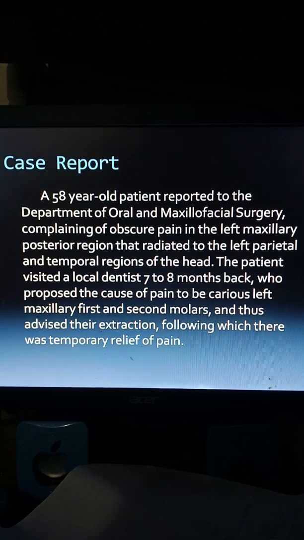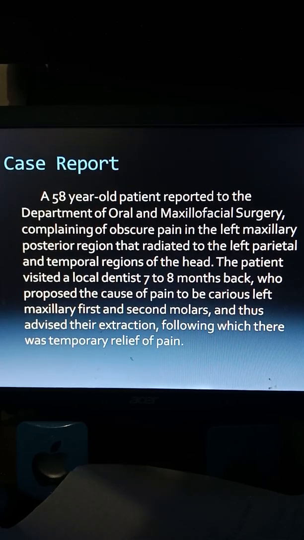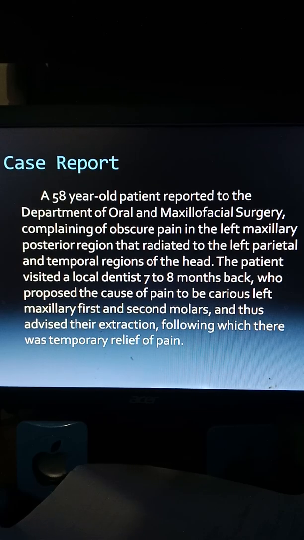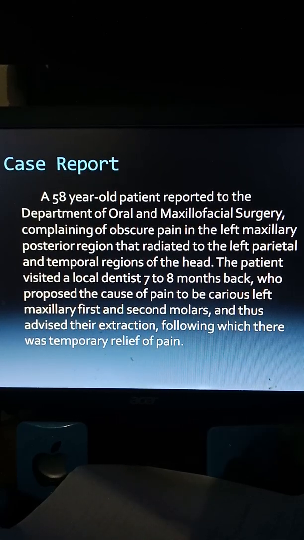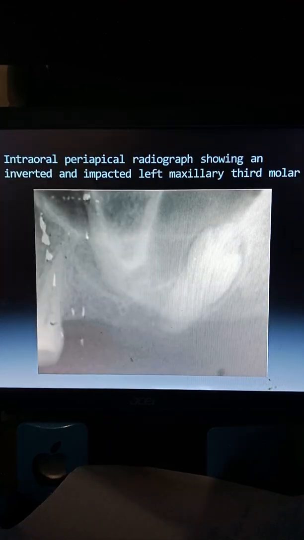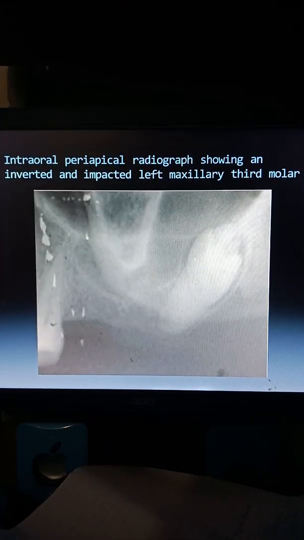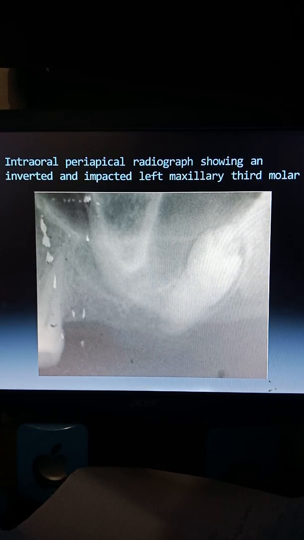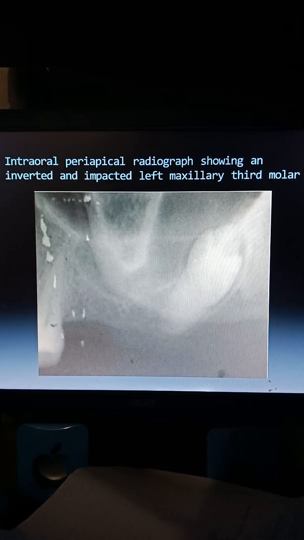The patient visited a local dentist 7 to 8 months back who proposed the cause of pain to be carious left maxillary first and second molars and thus advised their extraction, following which there was temporary relief of pain. Then we have here the intraoral periapical radiograph showing an inverted and impacted left maxillary third molar.